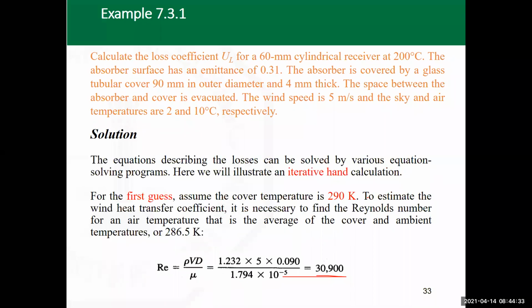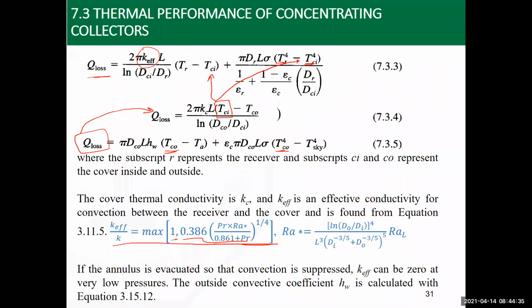To remind you again, this is what we have done. We started with equation 735. We assumed the value of TC outer as 290, and then we calculated Q loss. We took this Q loss to calculate the value of TCI. We got the value of TCI, and we substituted in this equation to calculate the value of Q loss and compare the values.